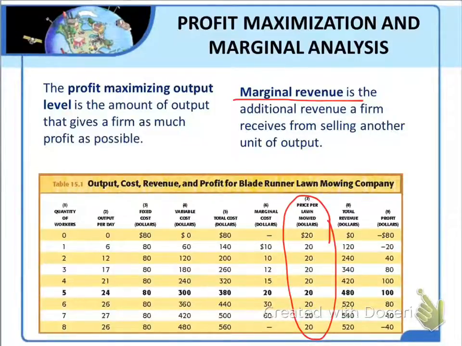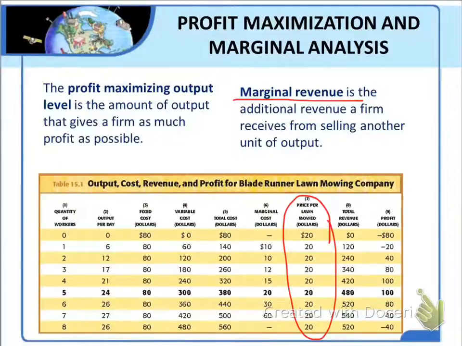A future chapter explains that marginal revenue falls below the price for monopolies and other firms that must lower their price in order to sell more. Firms compare the marginal revenue with the marginal cost when deciding whether to increase production. Suppose a firm is considering a new, higher output level. If the marginal revenue exceeds the marginal cost for that increase in production, then the additional output will add more to total revenue than to total cost, and profit will rise. By contrast, if the marginal revenue is less than the marginal cost, profit will decline as output increases.